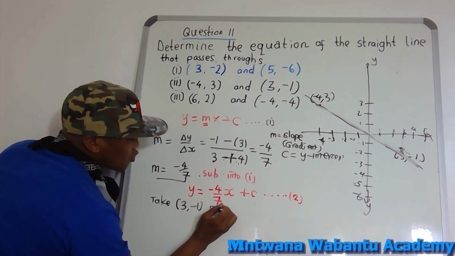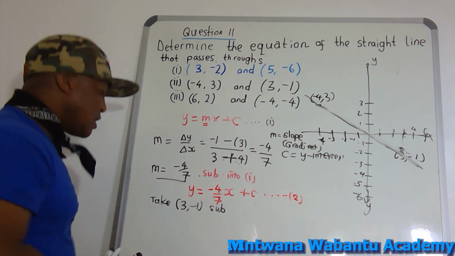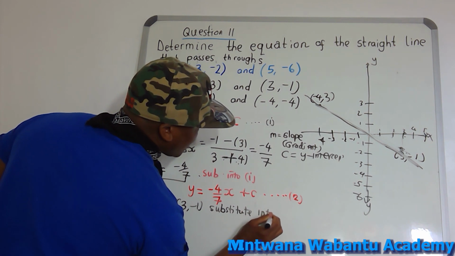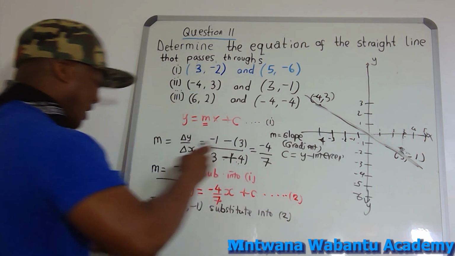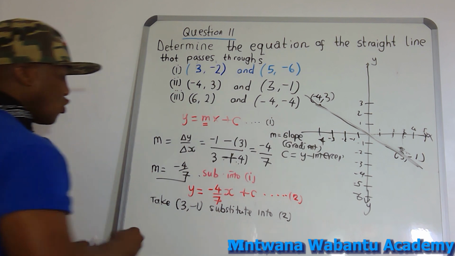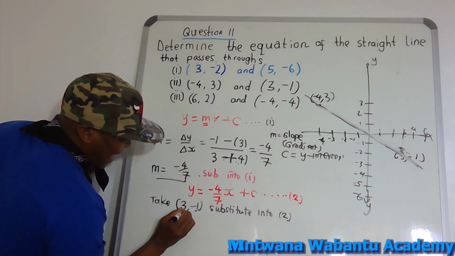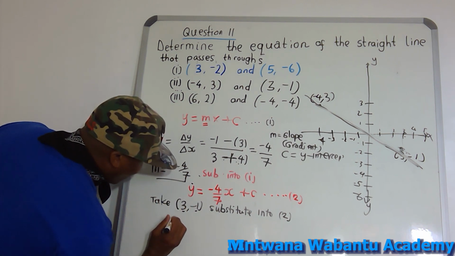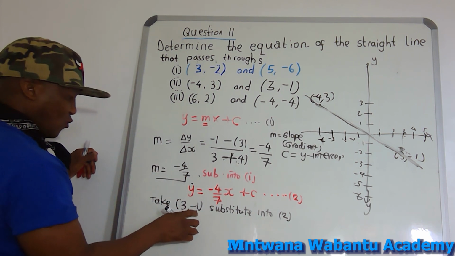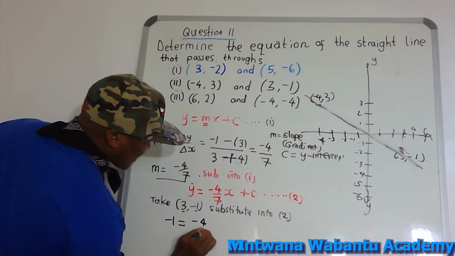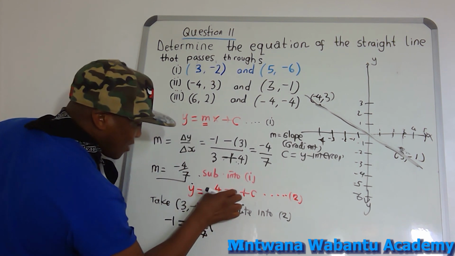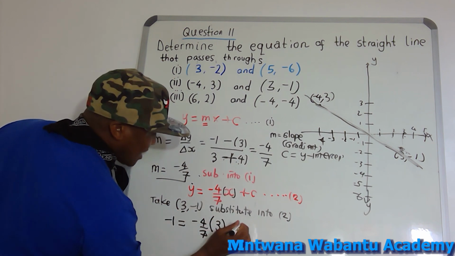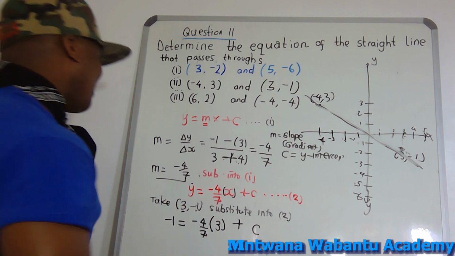Then substitute into the second equation to get c. So this is y, this is x: -1 equal to -4 over 7 times x, we know x equal to 3, and then plus c. So we can substitute this.